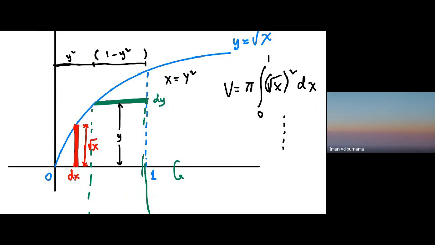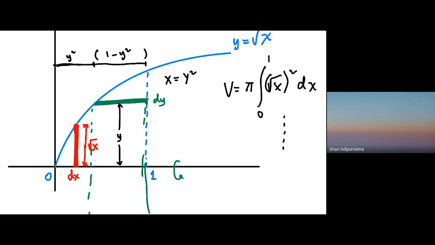So if you use the shell method, then this will be your radius. This will be your height, the green one here, which is 1 minus y squared. Okay. Then you are using dy. So it's y dy times 1 minus y squared. We can use the shell also. But I think if you use the shell method, the calculation will be a little bit more compared to this method, right? Okay.